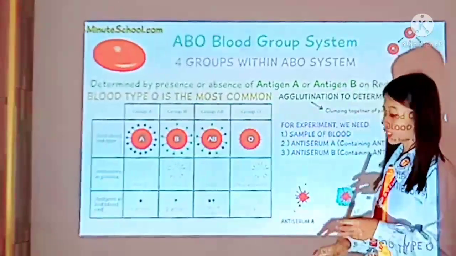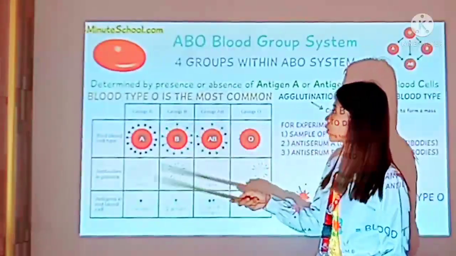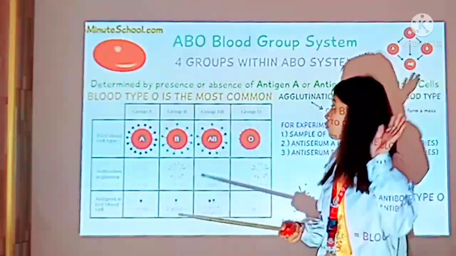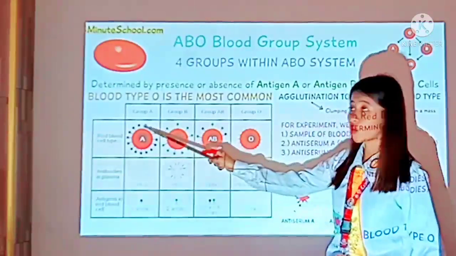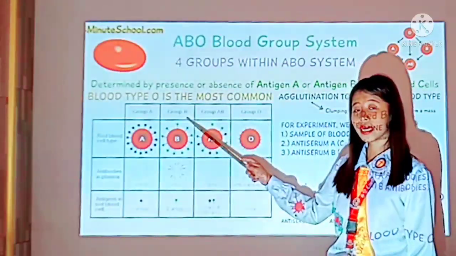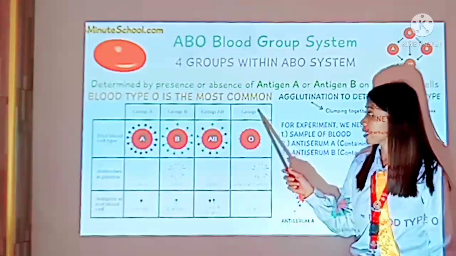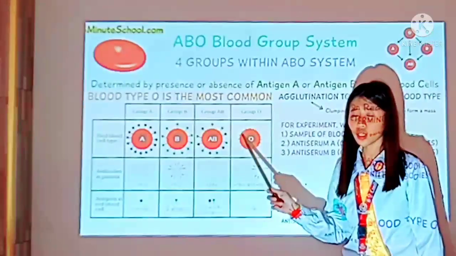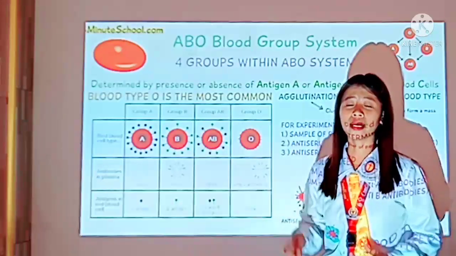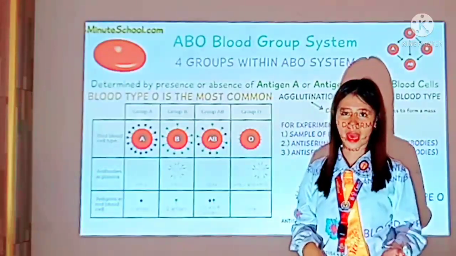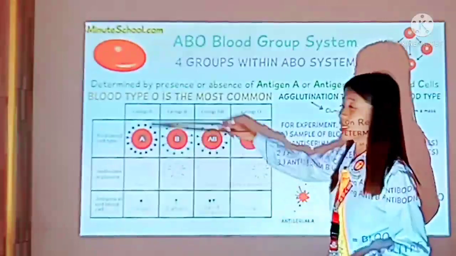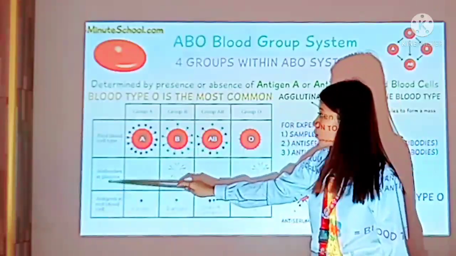So here, in this table, we have four groups: Group A, Group B, Group AB, and Group O. This group will tell you what kind of blood you have. Okay, now let's go here in the first column.